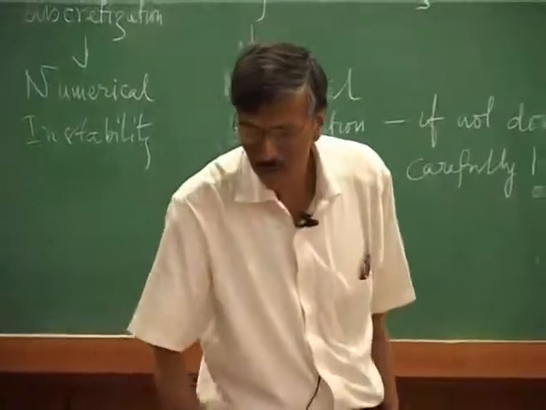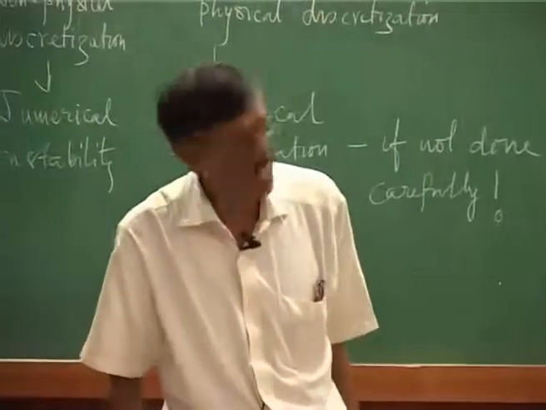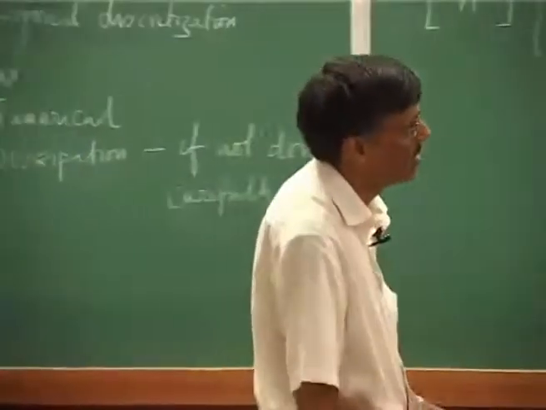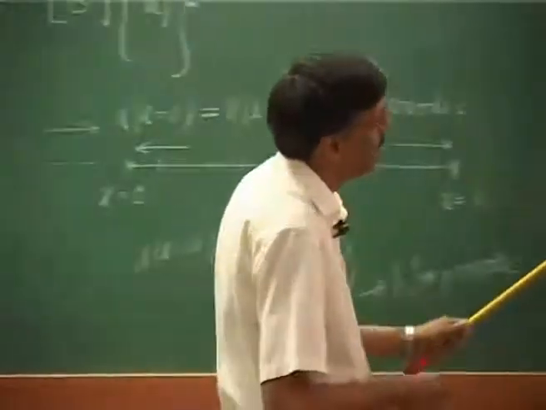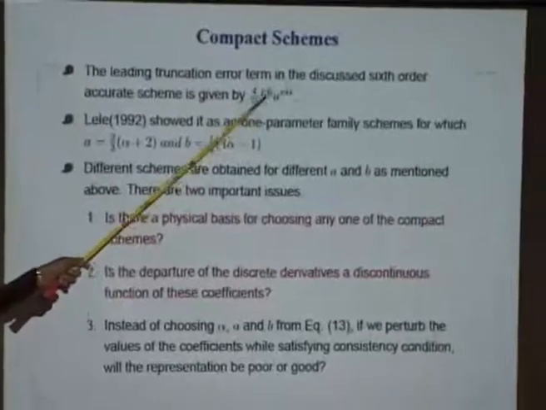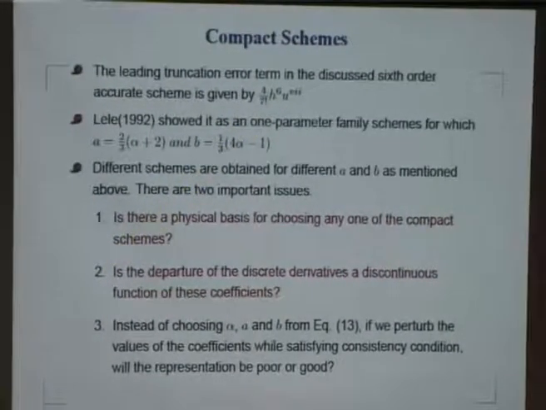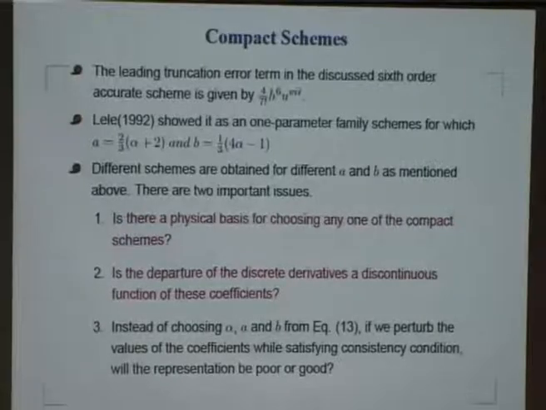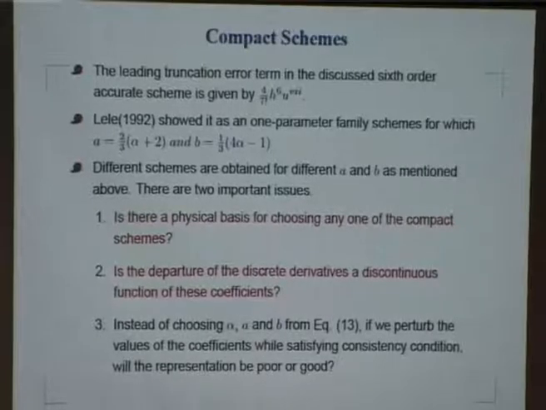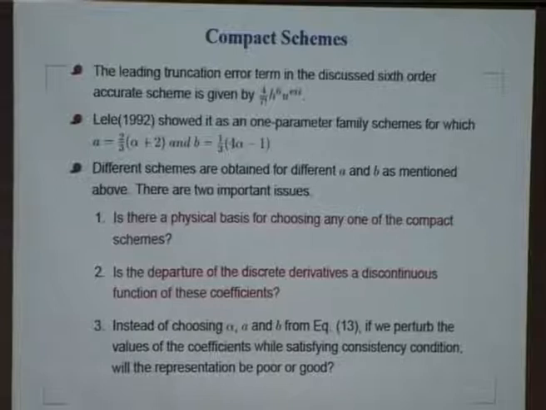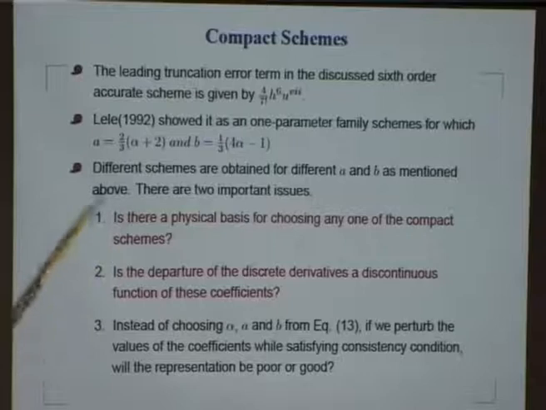Okay. So if I now look at the previous exercise, that sixth order scheme that we looked at, the term that is dropped out is proportional to h to the power 6, and that is associated with the seventh derivative. Now, what Lele did, he tried to write it in terms of this.